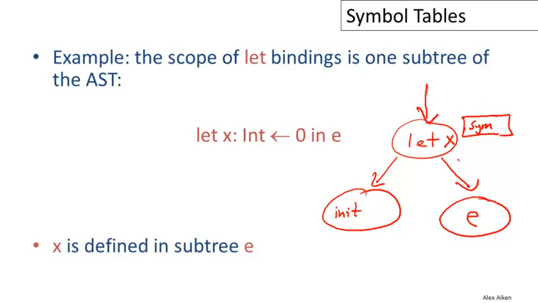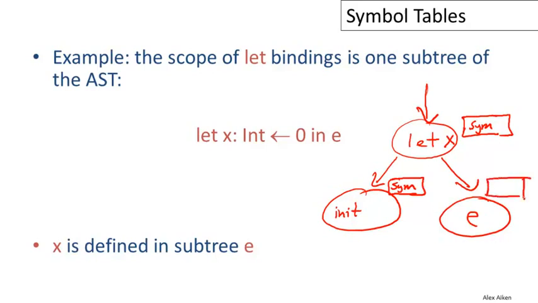And what is going to happen here? Well, the first thing we're going to have to do is process the initializer. Whatever function we're doing on this, like type checking or whatever, we might go down and process that first, and we'll pass the symbol table in. Then we're going to process the body of the let.